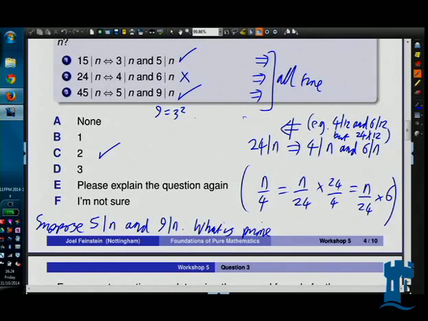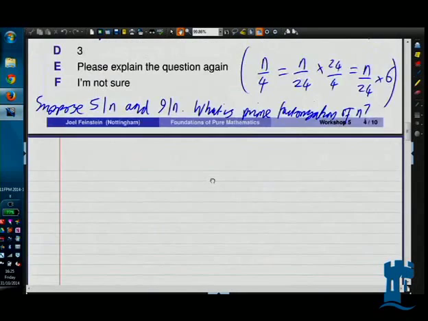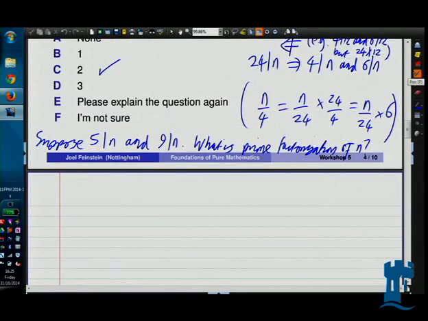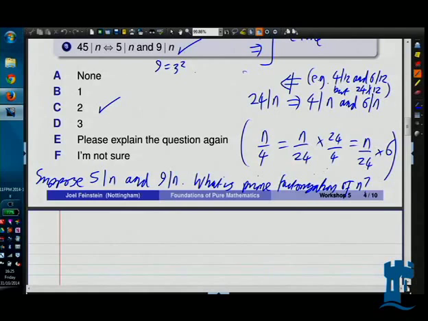Well, we don't know, of course. But whatever the prime factorisation of n is, it does include 5 and 3 squared at least. So it's definitely got a 5 in, it's definitely got a 3 in, and we're going to need 3 squared at least to get it divisible by 9.